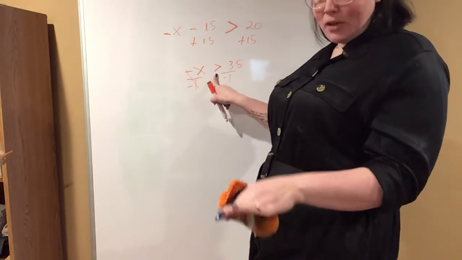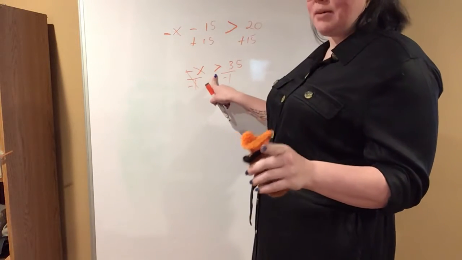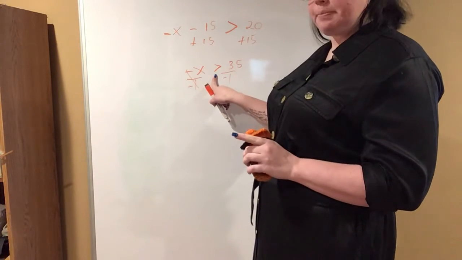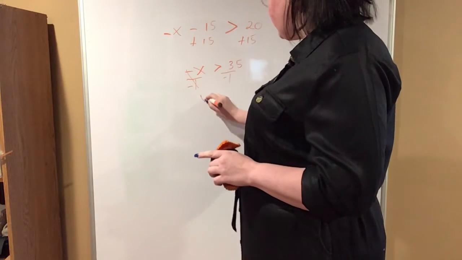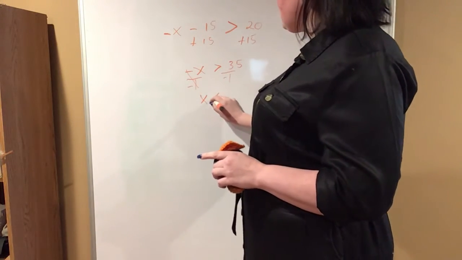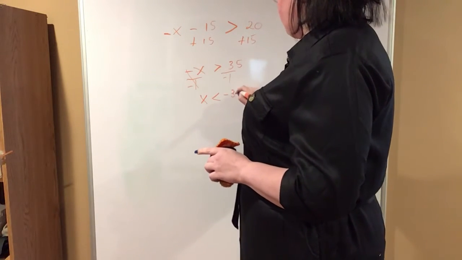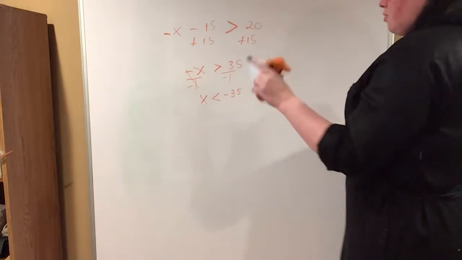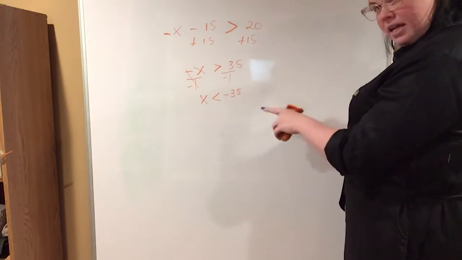You can add and subtract till the cows come home, but when you multiply and divide by a negative, that sign's going to flip. So now we're left with x is less than negative 35. Cool. The sign flipped. We divided by a -1.